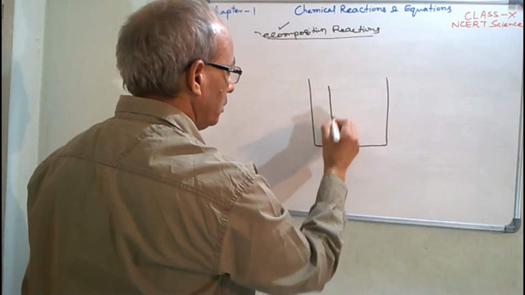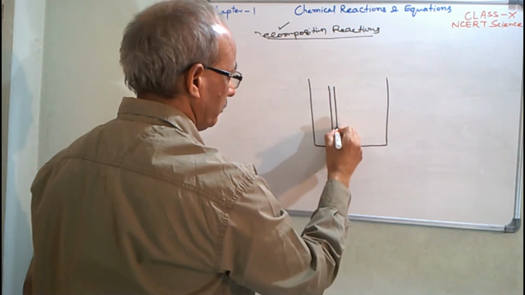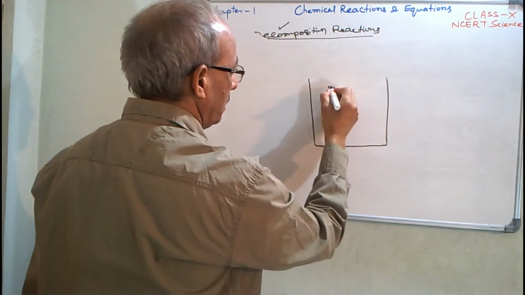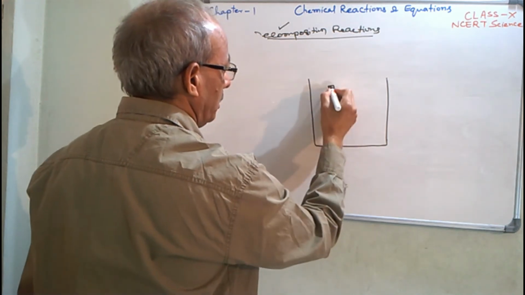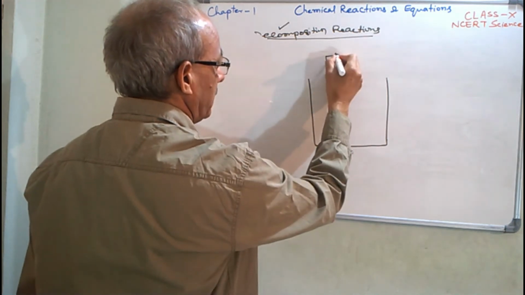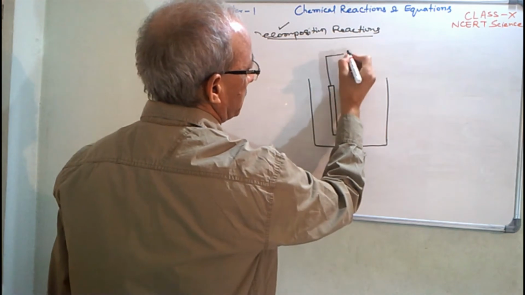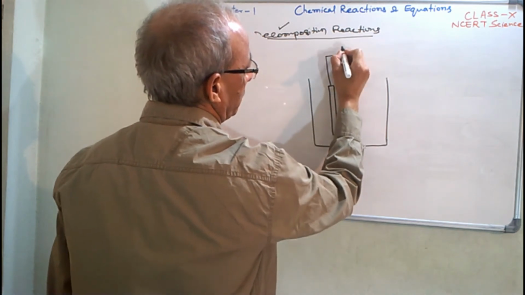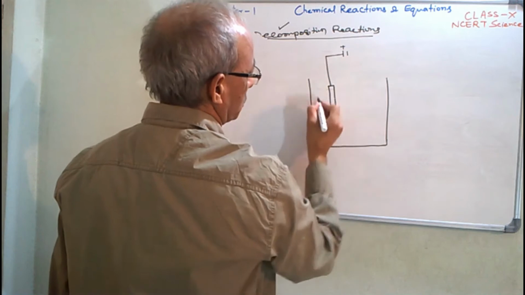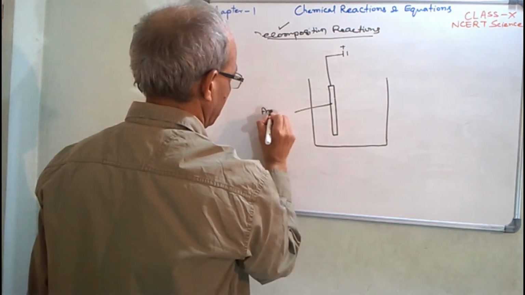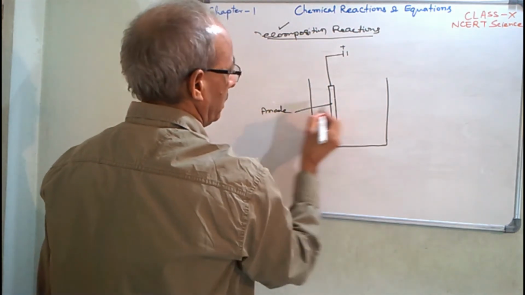The electrode which is attached to the positive terminal of the electric source is called the anode.